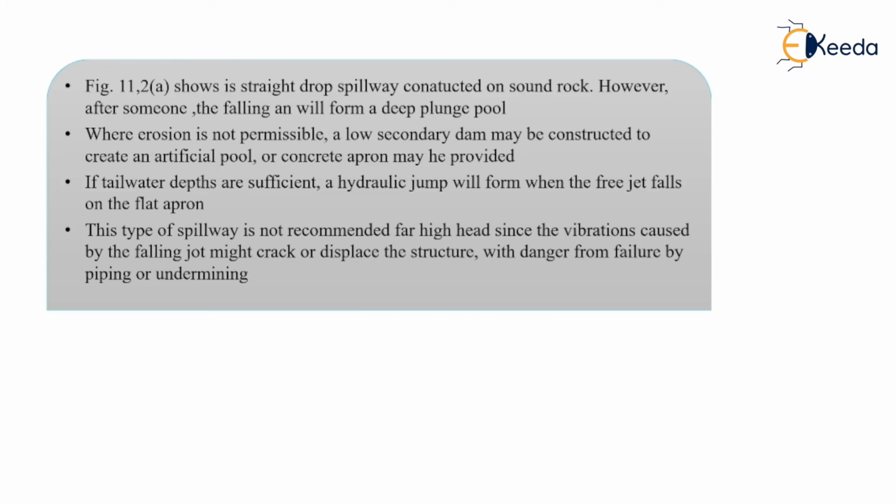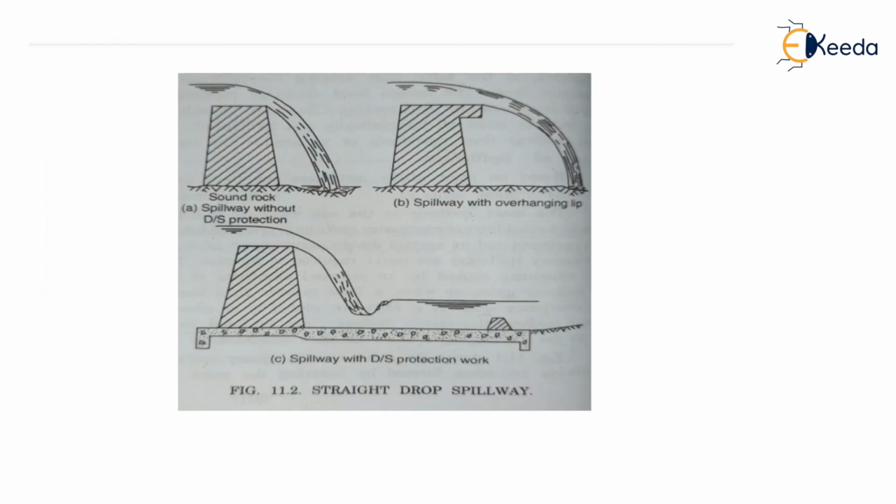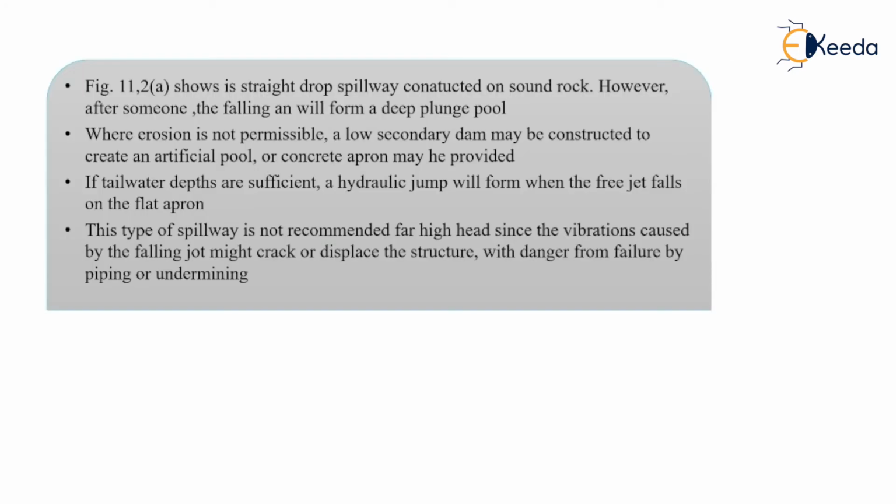See, in the first diagram, the straight drop will be constructed on sound rock. The following jet will form a deep plunge pool. Where erosion is not permissible, a low secondary dam may be constructed to create an artificial pool, or a concrete apron may be provided.